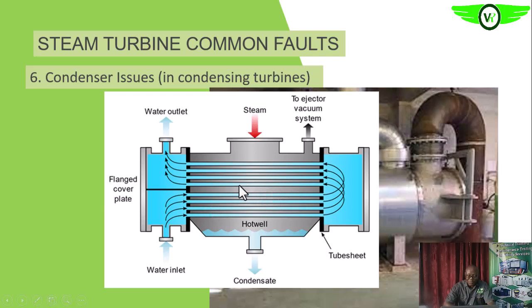So it is possible that we can have leakages on the tube. This will affect the efficiency, causing leaking of water into the condenser. Or rather, if the pressure of the steam is higher, it can cause leakage of steam into the condenser, which is rare anyway.